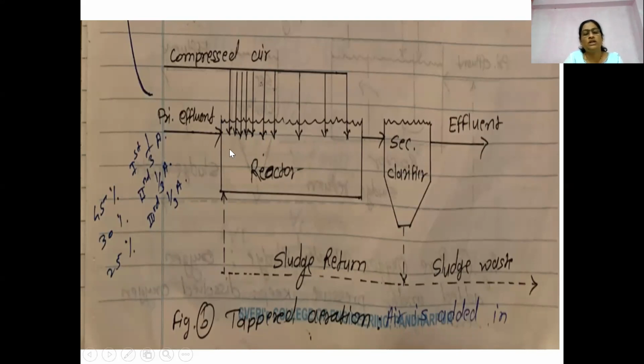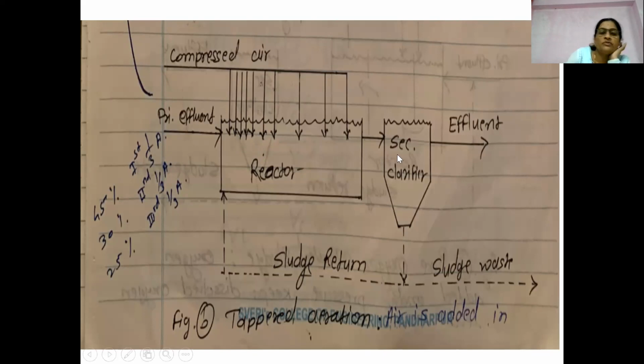So it will not allow an anaerobic environment to be created here. Anaerobic environment means the absence of oxygen. If it is created, these microorganisms we are using for this purpose are aerobic microorganisms, and that's why aeration is a must. Otherwise they will start dying.